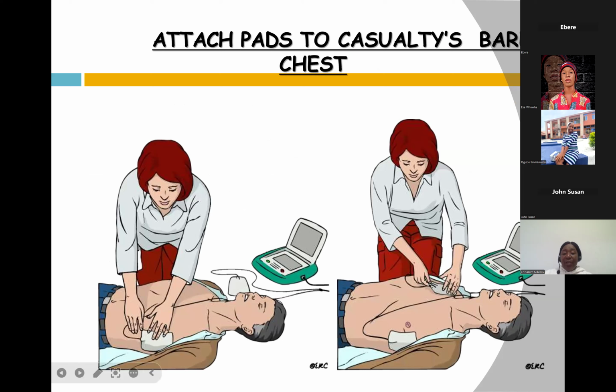If you have a look at the picture on the screen, this AED has two parts. Make sure you remove the patient's clothing first. The patient you're doing the CPR for, you can use this AED to make your CPR more effective. So you carry on with the CPR until this device is made available.